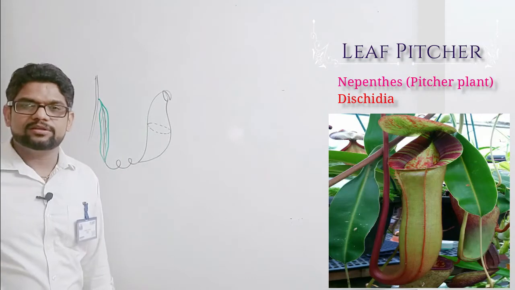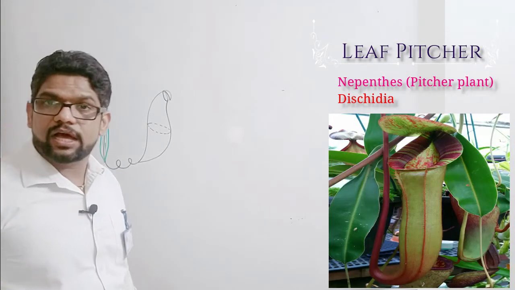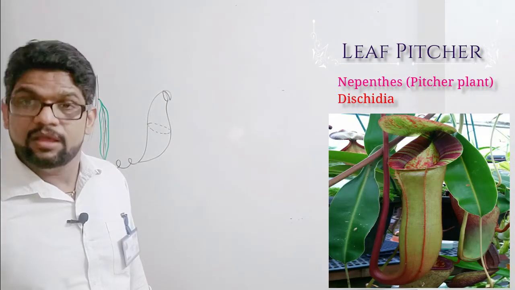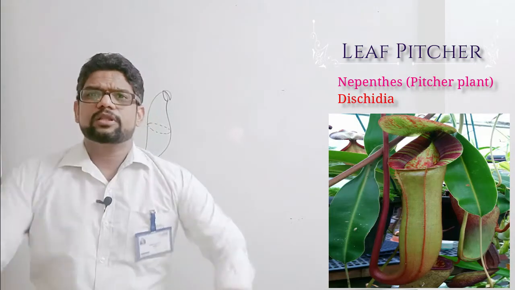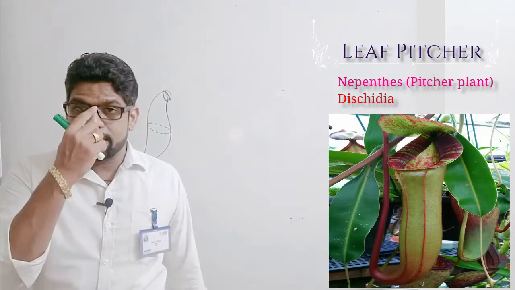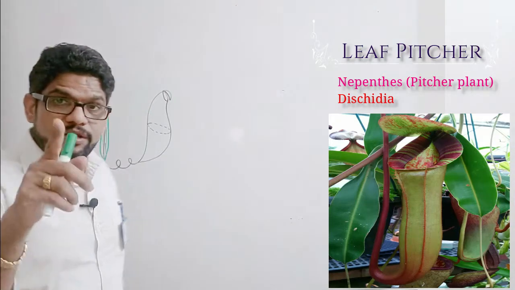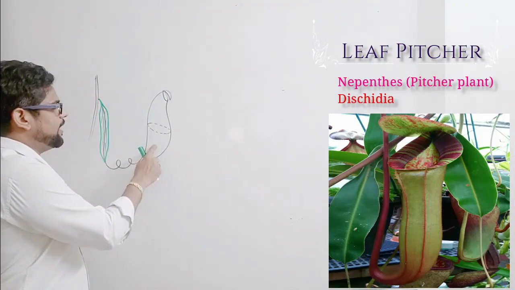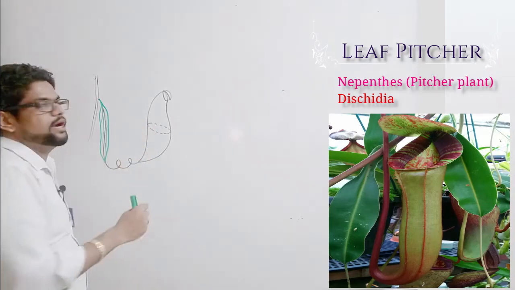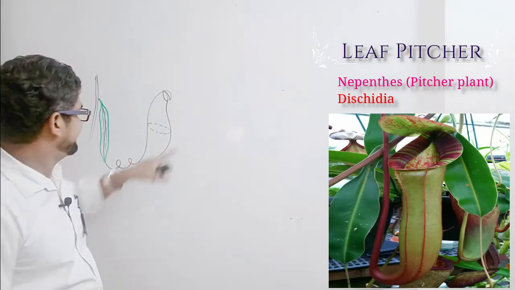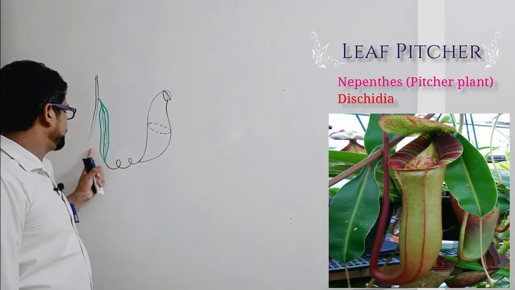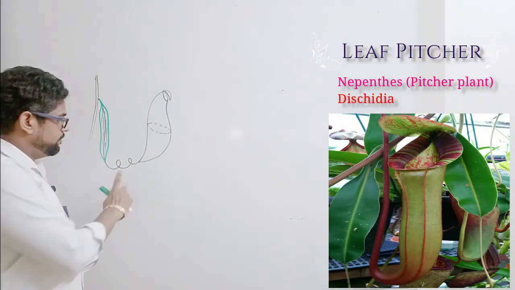Yes, we all know that insectivorous plants grow in nitrogen-deficient soil, but they are green, meaning they can synthesize their own food. Only for nitrogen compensation they are trapping insects. So in cases of nepenthes, the leaf blade is modified into a pitcher-like condition, the leaf tip into a lid, and the petiole into a leaf-like structure, also helping as a tendril.